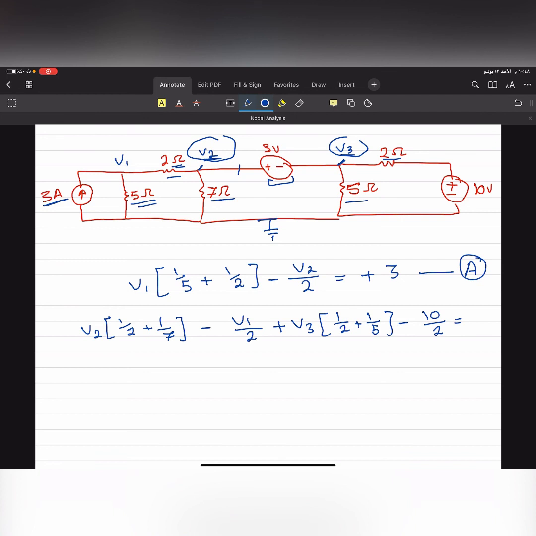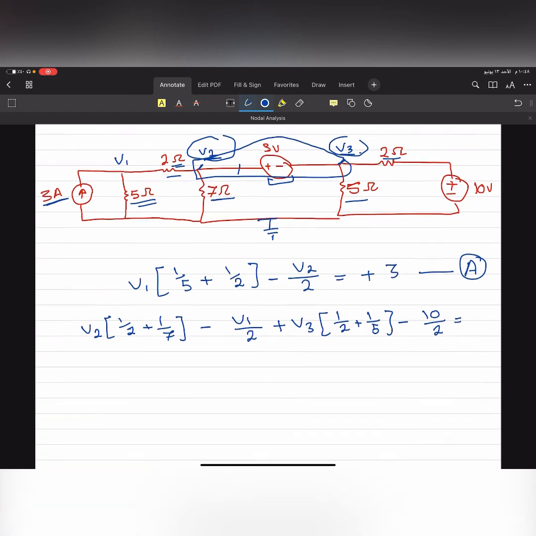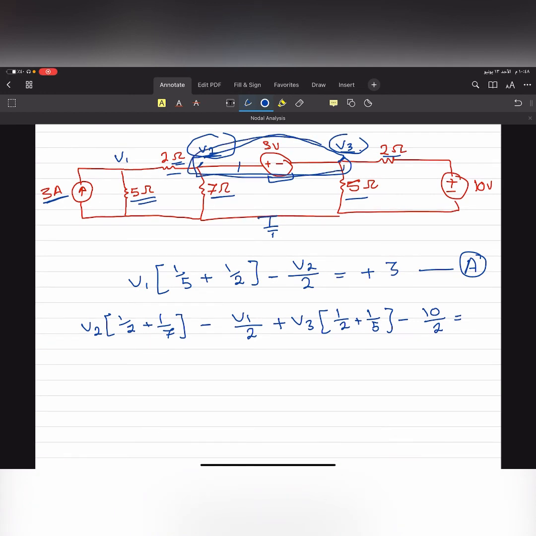And that is equal to, is there any current leaving or entering the whole supernode? The whole supernode, not only V3 or only V2, because this equation concerns the whole supernode. So is there any current entering or leaving this supernode? No. There's no current source entering or leaving, so it's 0. And this one is equation B.